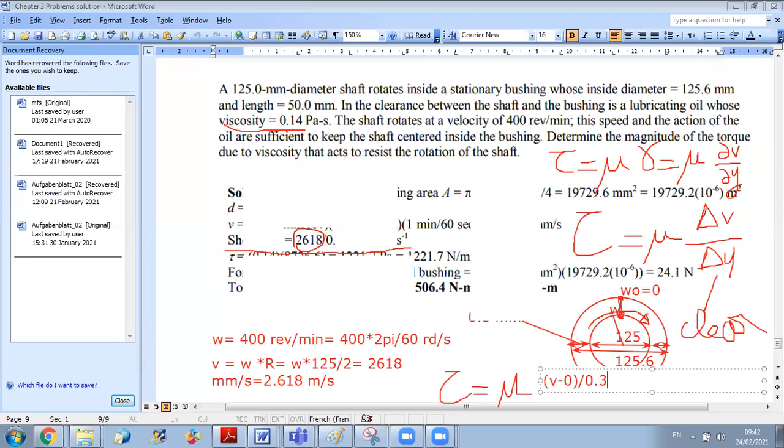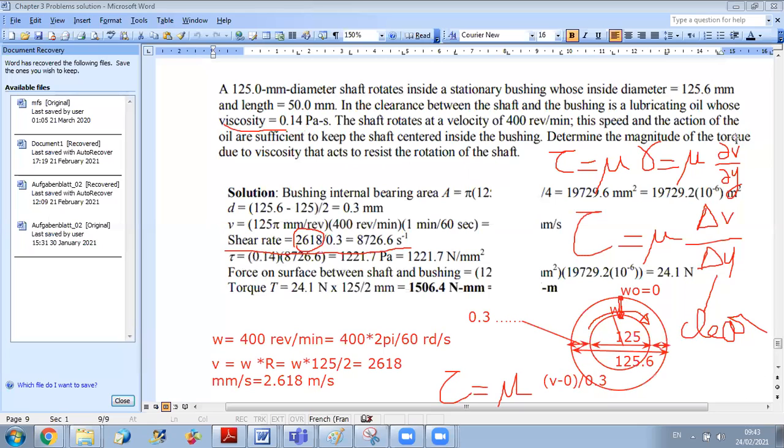Why am I calculating the shear? Because of what they asked. What was the question? Determine the magnitude of the torque due to viscosity that acts to resist the rotation of the shaft. Whenever you want to calculate a torque, you need a force; torque is force times distance.